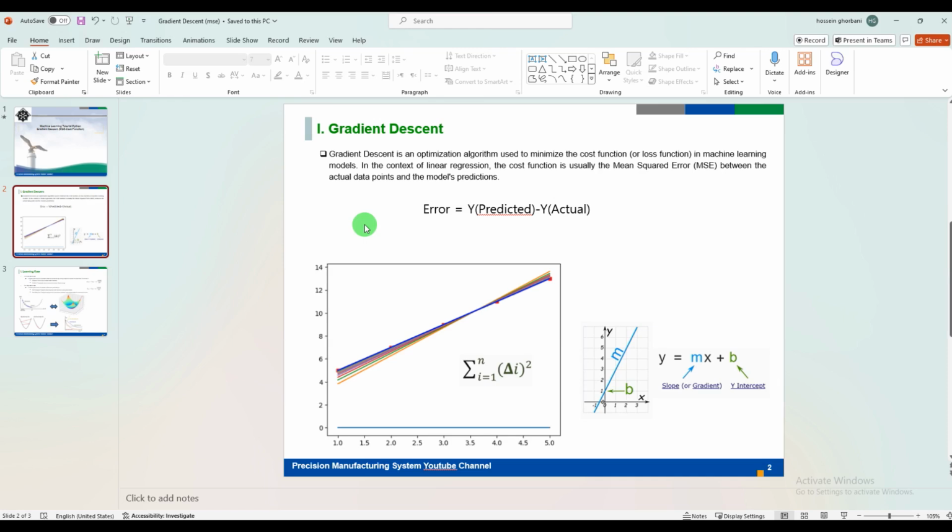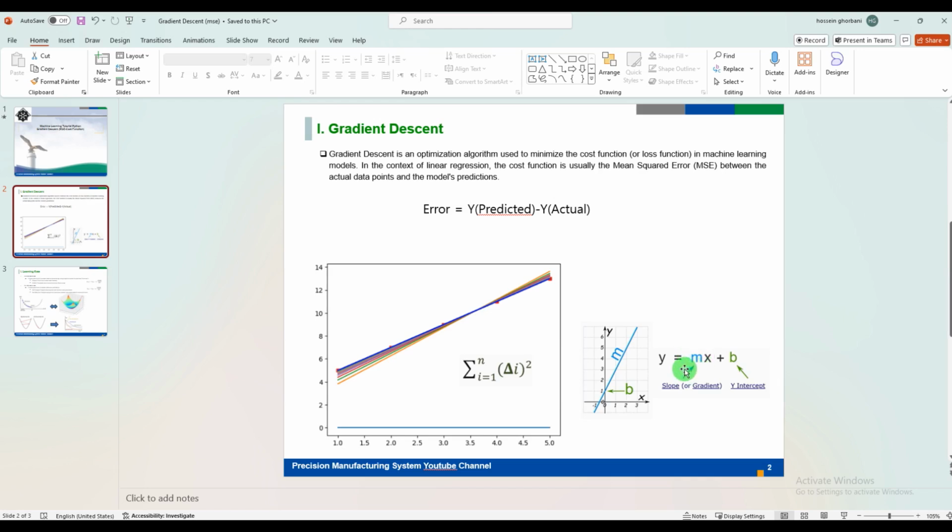The gradient descent function uses gradient descent to adjust the slope. This is our actual point, and this is the slope between our actual point to find the low error. So adjust the slope and intercept.